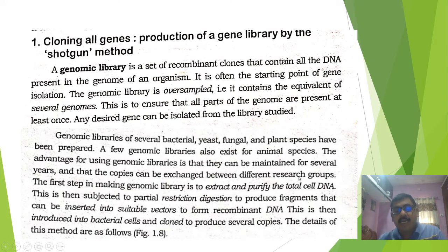And this total DNA or entire DNA from the cell is subjected to the action of digestion by restriction endonuclease, so that from that entire DNA molecule fragments will be formed, and these fragments are then inserted into suitable vectors to form the recombinant DNA, and this is then introduced into bacterial cells and cloned to produce several copies.